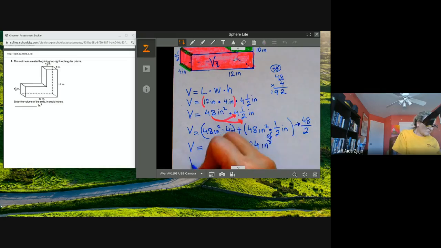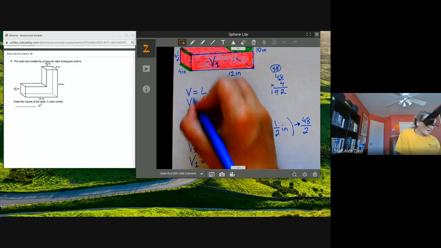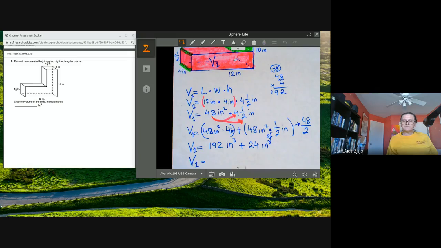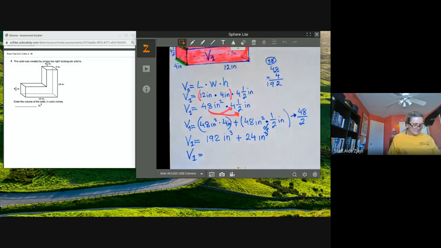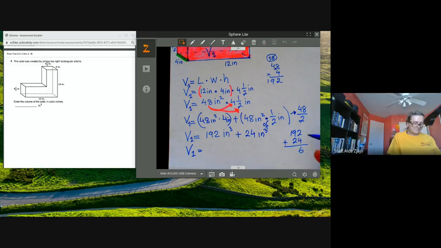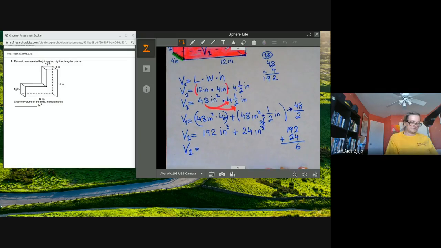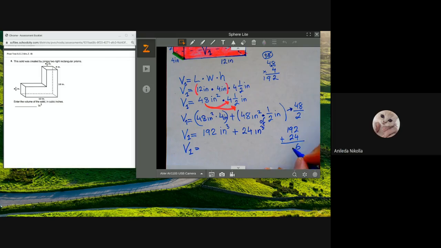And then volume 1, don't forget to put volume 1 everywhere. Volume 1 is equal to, you need to add them, and that equals 216.